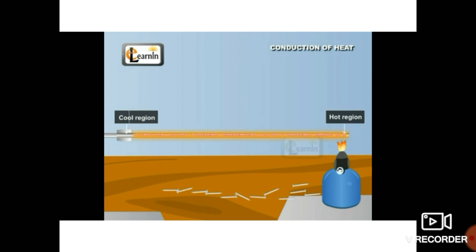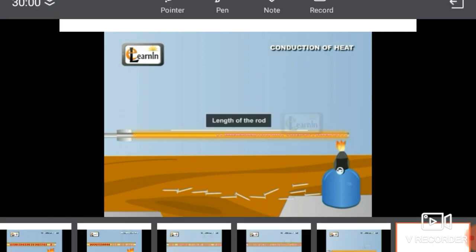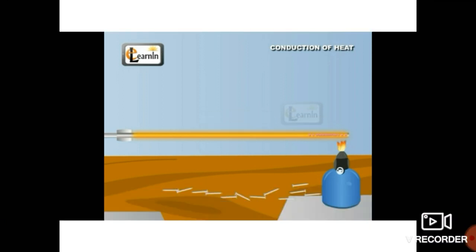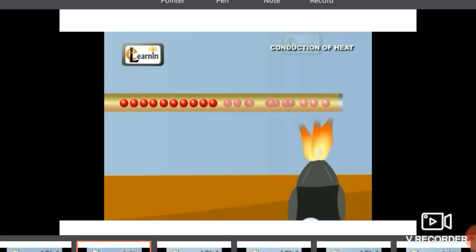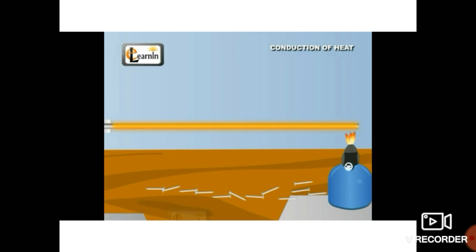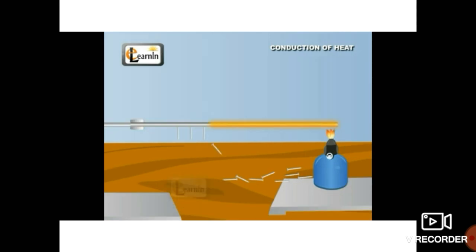When this heat energy is transferred from the hot region to the cold region, what will happen students?